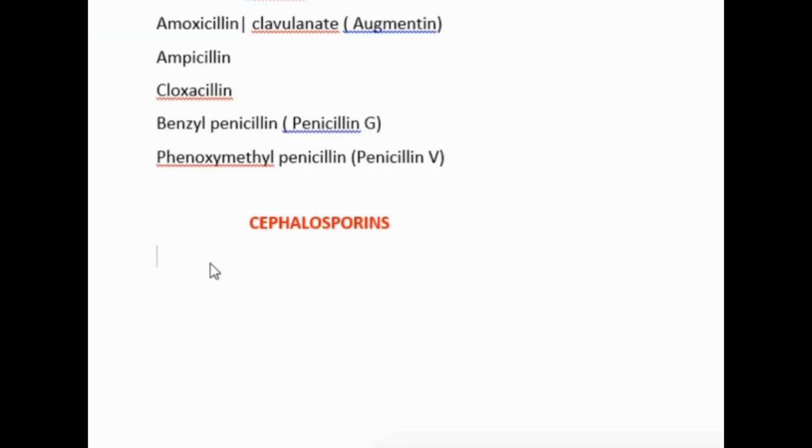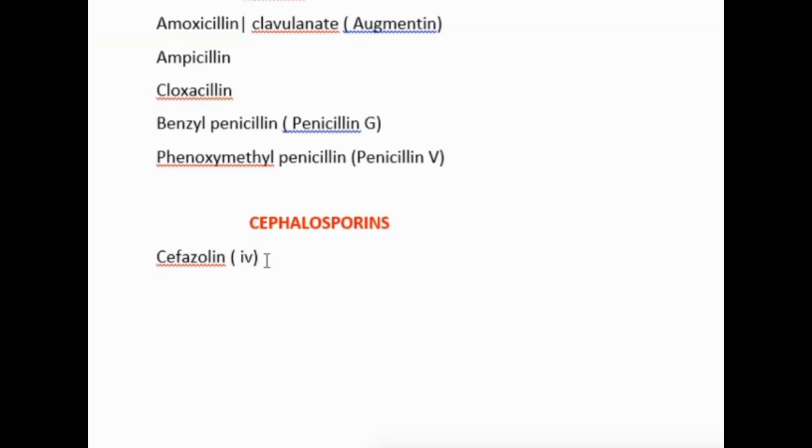The first one we have is cefazolin, which is IV, that is parenteral, it is not oral. So cefazolin is an antibiotic beta-lactam, which falls in the group of cephalosporins.